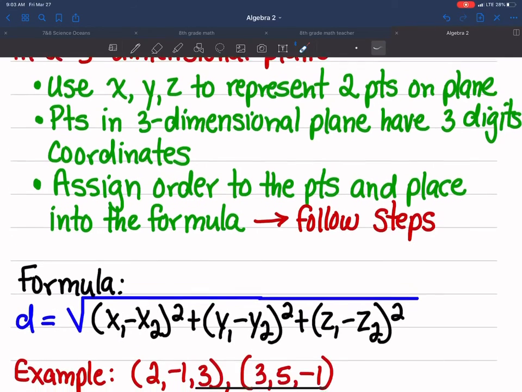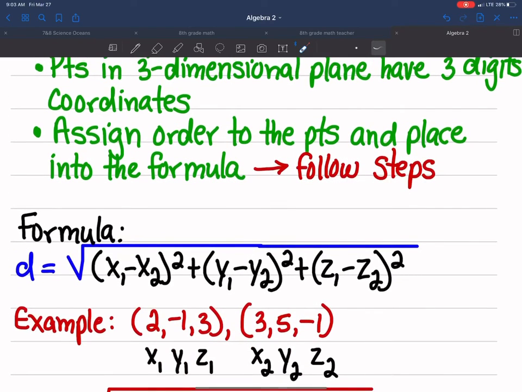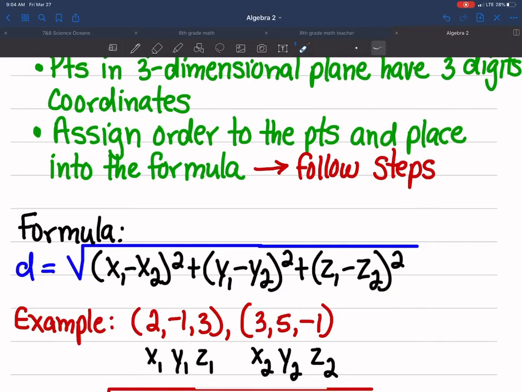Let's say we are going to use the point 2, negative 1, and 3. And our second point is going to be 3, 5, negative 1. I've already decided this one is going to be first and this one second, and we put these numbers in the place where they belong.